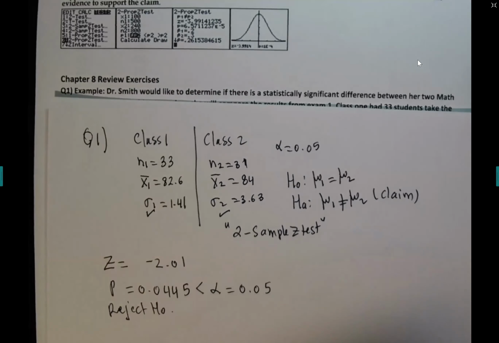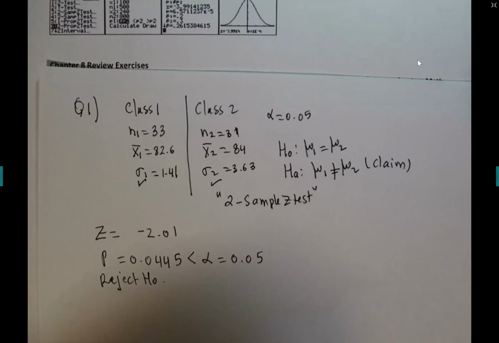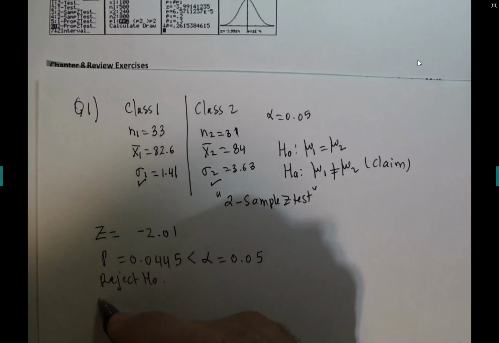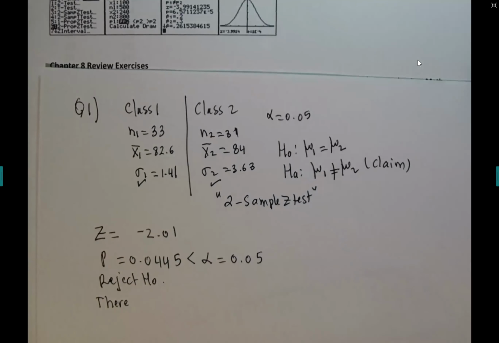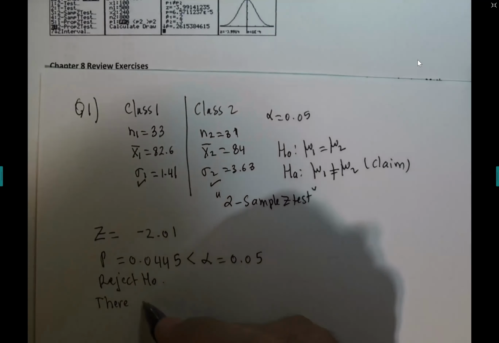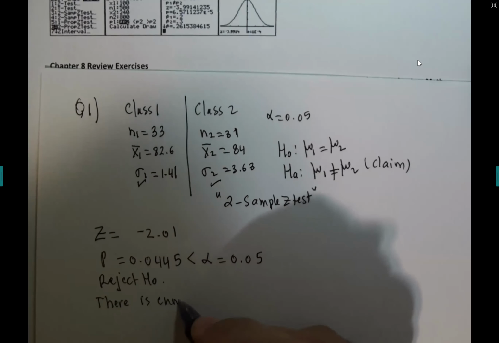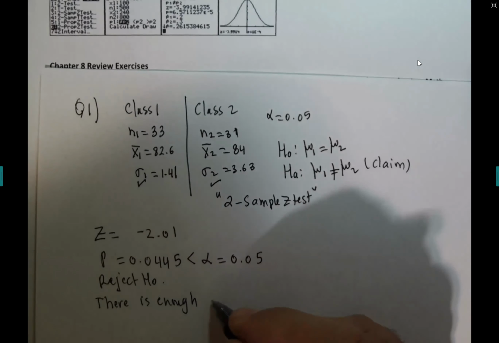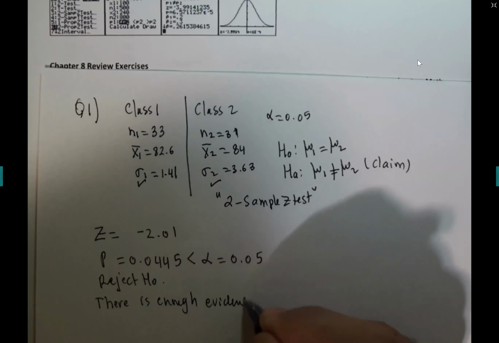And what would be the conclusion? Can someone say it verbally here? So there is what? Enough evidence. Sometimes the book says sufficient evidence, but we're using enough evidence.